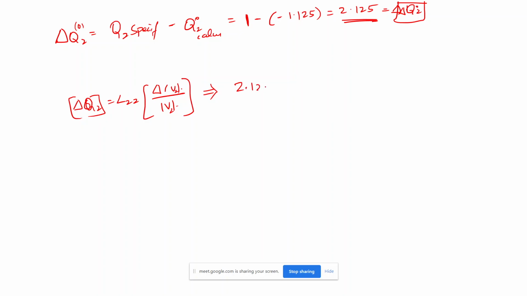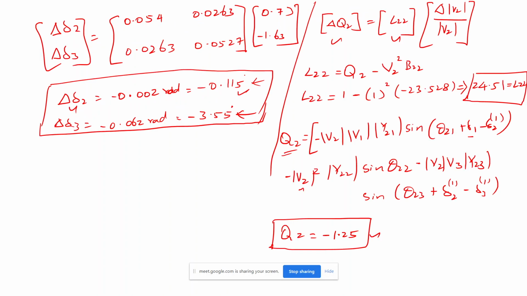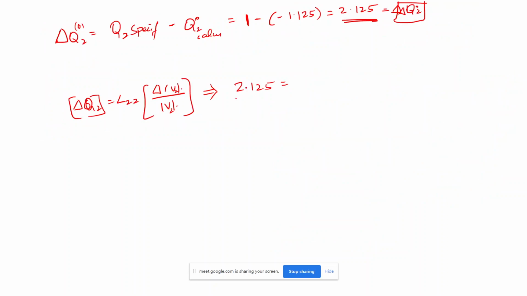So 2.125 is equal to L22, what is L22 value? L22 value is 24.528, and then we need to find out the del V2, and this value, because of the slack value, I make it as 1. Then if you solve, you will get the change in V2.